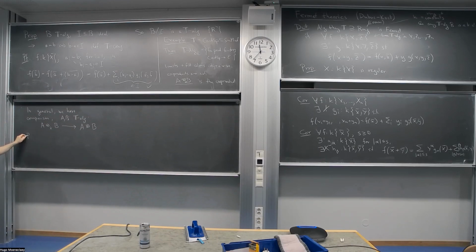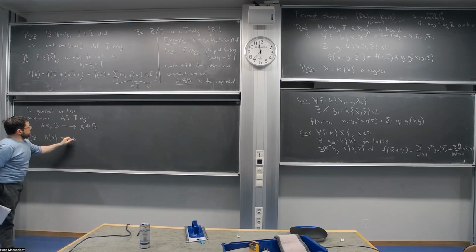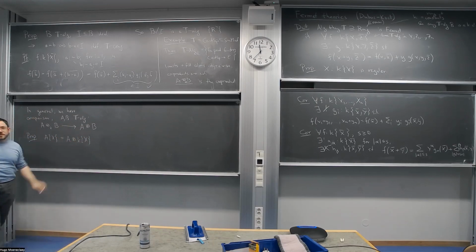So coming back to regularity, I won't prove this, but now you can make sense of something like a freely adjoined generator, which would be this tensor, not the K tensor product but with the curly brace, the free T-algebra on one generator. So here X is regular.